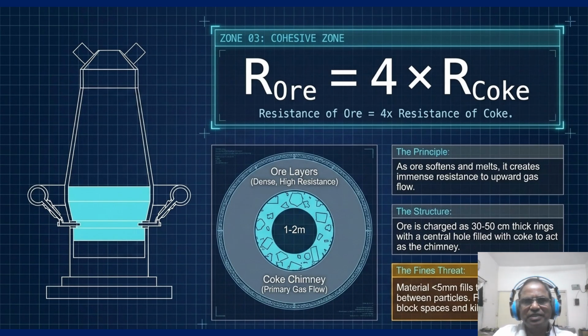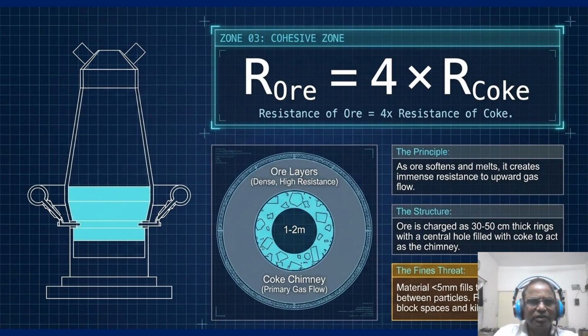So your biggest threat in this zone is having a lot of fines, any material smaller than 5 millimeter, because these tiny particles fill the gaps between our larger particles and effectively kill our permeability.